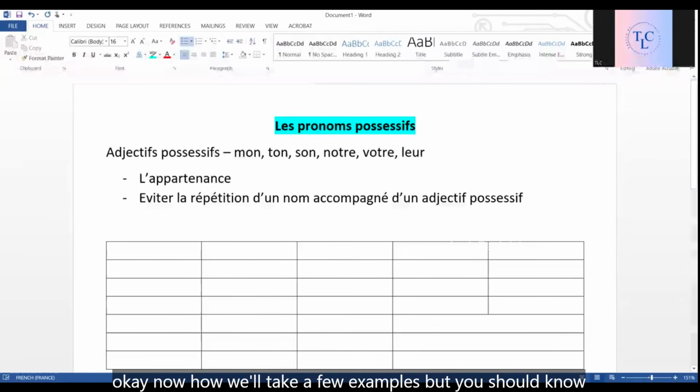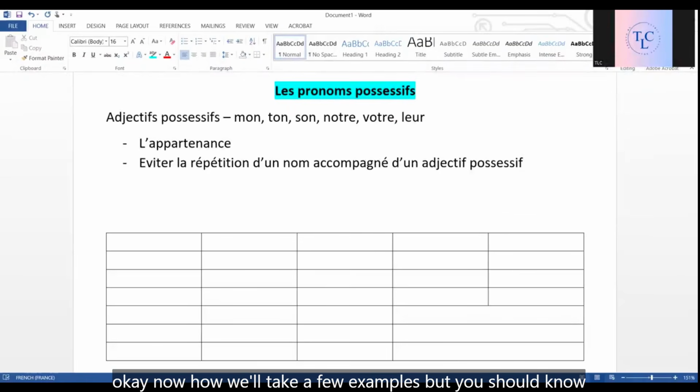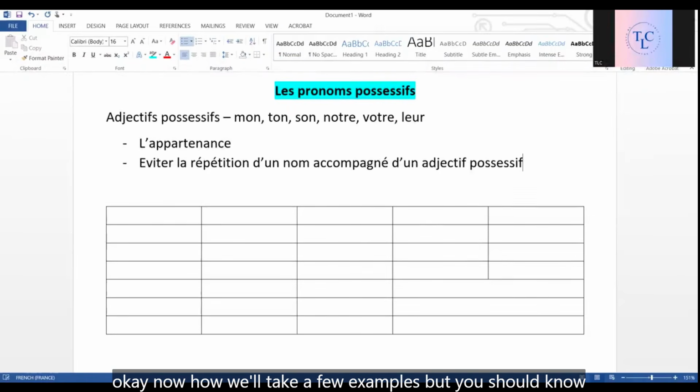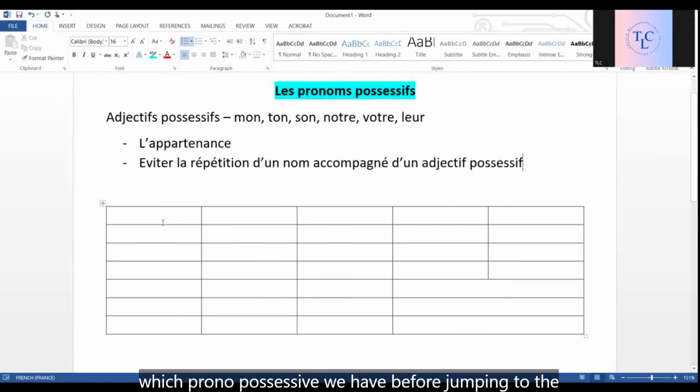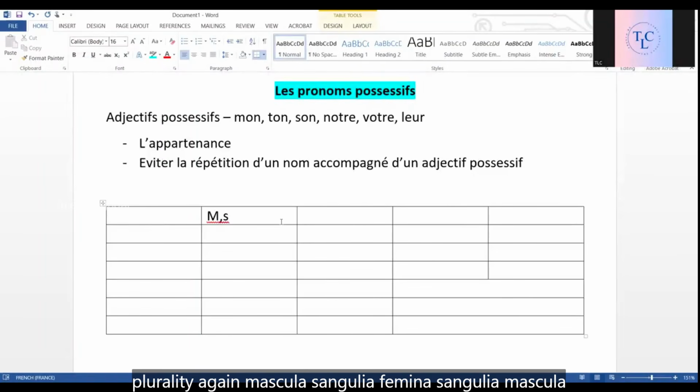Okay, now how? We'll take a few examples, but you should know which pronoms possessifs we have before jumping to the examples. Pronoms possessifs depend on the gender and plurality. Again, masculin singulier, féminin singulier, masculin pluriel, féminin pluriel.